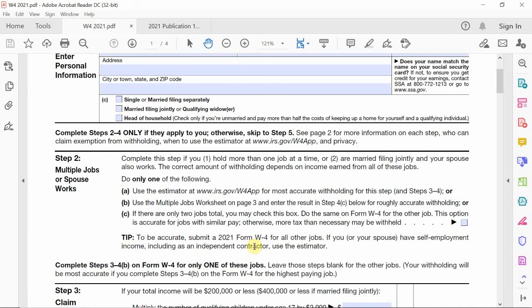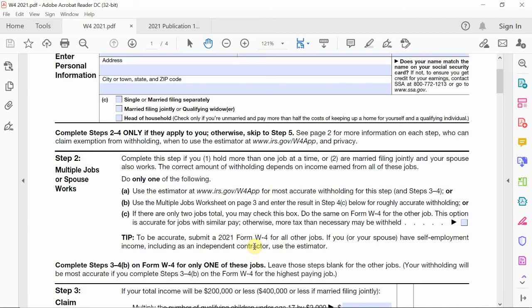In this case, you only need one. You only need one. Now, this is how they also keep track of you and make sure that you are claiming every penny that you are earning.